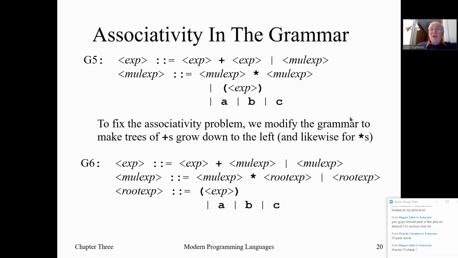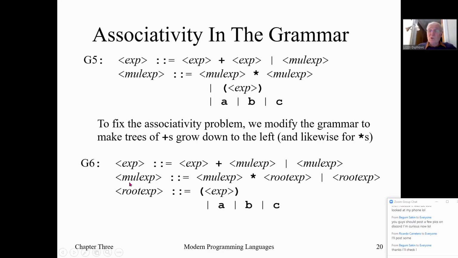Associativity in the grammar that was wrong in this way can be fixed by writing a seemingly equivalent grammar, G6, which is now written as expression is expression plus multiplication expression, or multiplication expression, same as the first line here. That is okay.